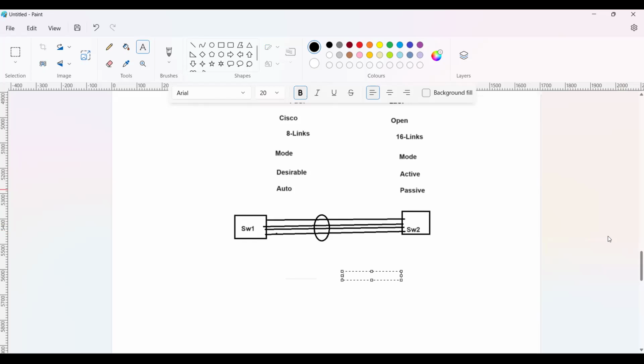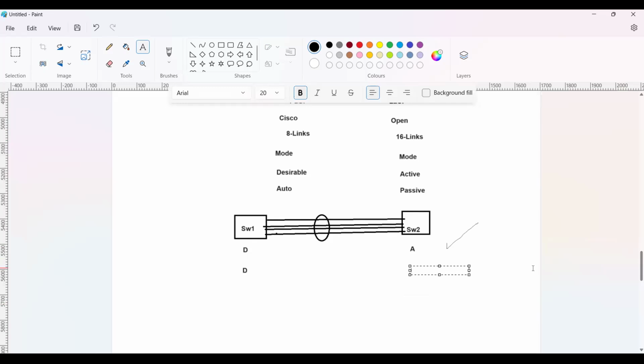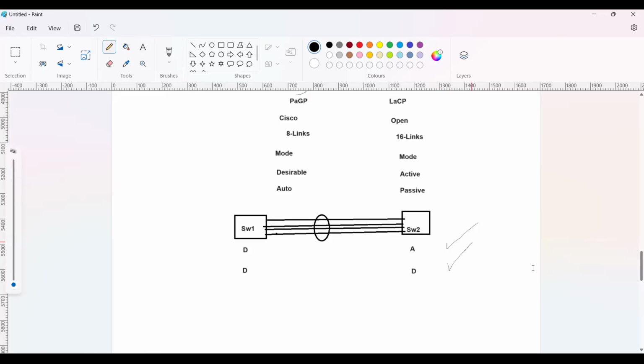Whenever you are enabling PAgP, you select the mode, like desirable here and auto here, so the EtherChannel will be formed. Here desirable and here also desirable, so in between the EtherChannel will be formed.